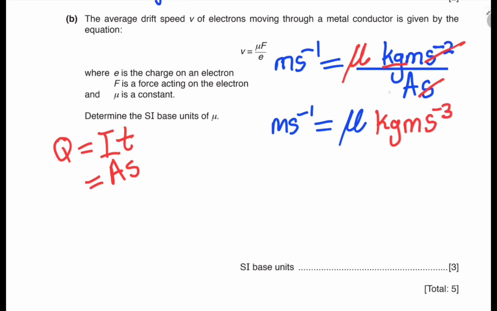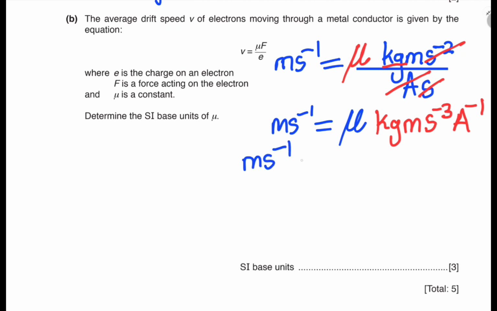Then also I'm dividing by the amp in the denominator. That will come into the numerator and becomes amp to the negative 1 using laws of indices. Meters per second would then become equal to, now it's time to substitute the necessary SI base units of mu that would make sure that this equation is going to be homogeneous.